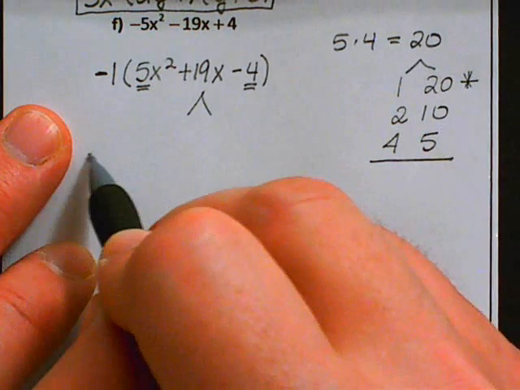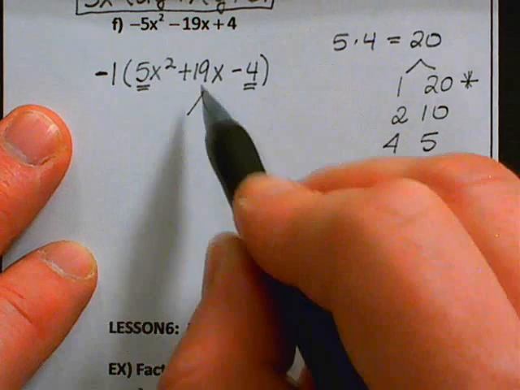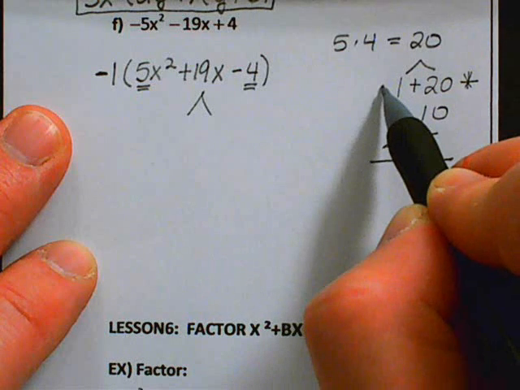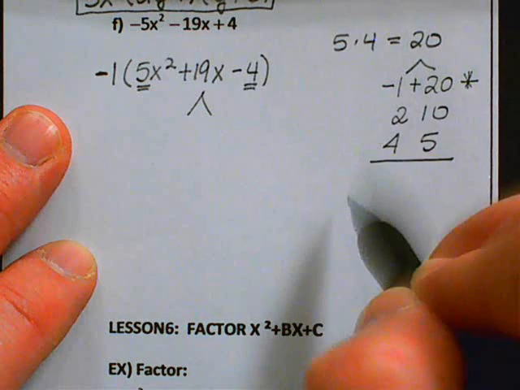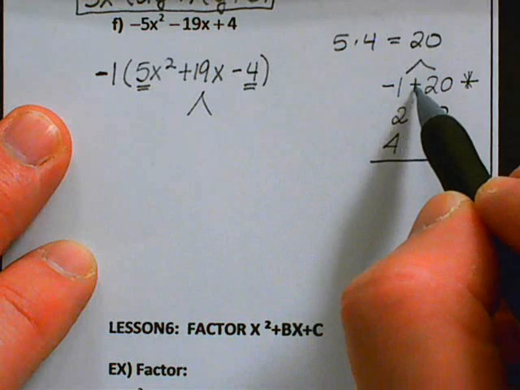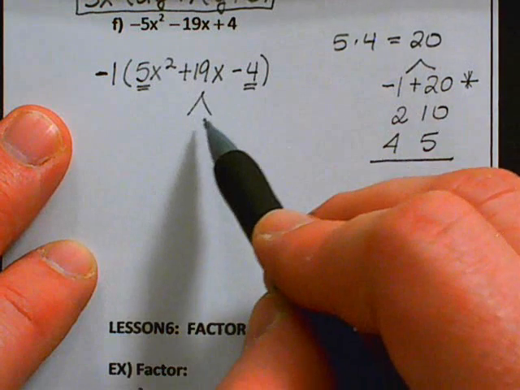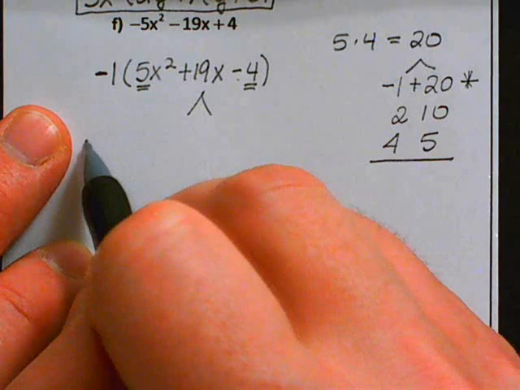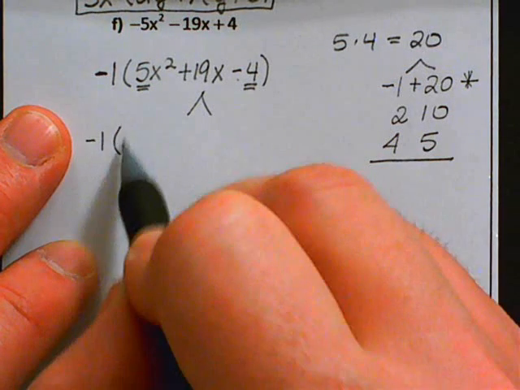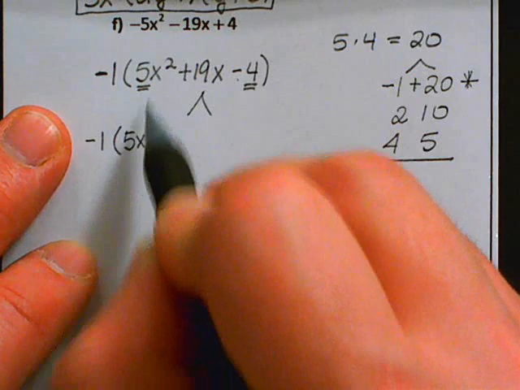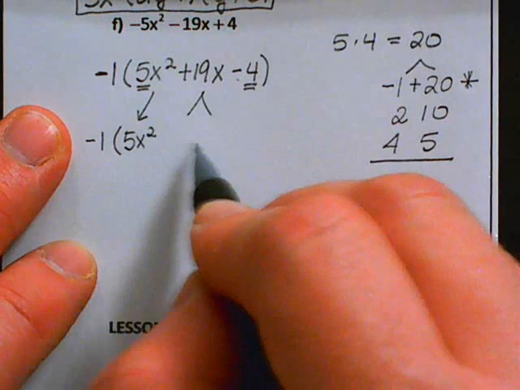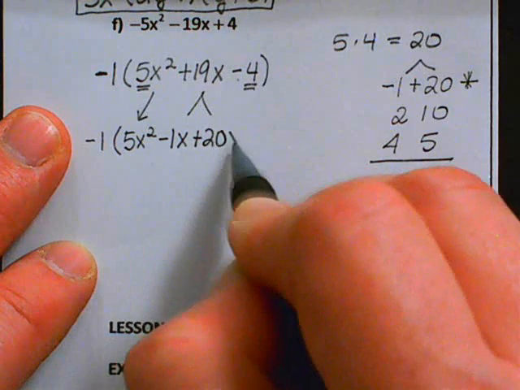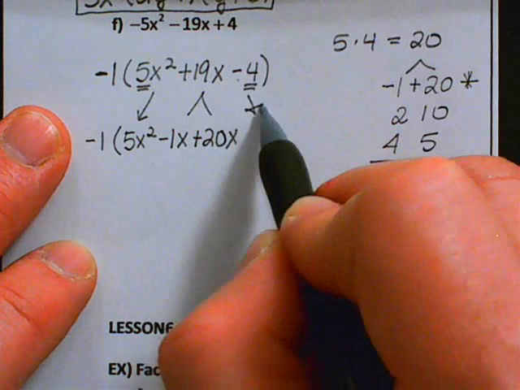The sign is positive, so let's say this is a positive, and then to give you a 19, this would be a negative. So a positive times a negative gives you a negative, so that is good. So we're going to copy the negative 1 and copy the 5x squared. We're going to split the 19x as a negative 1x plus the 20x, and we're going to copy the negative 4.